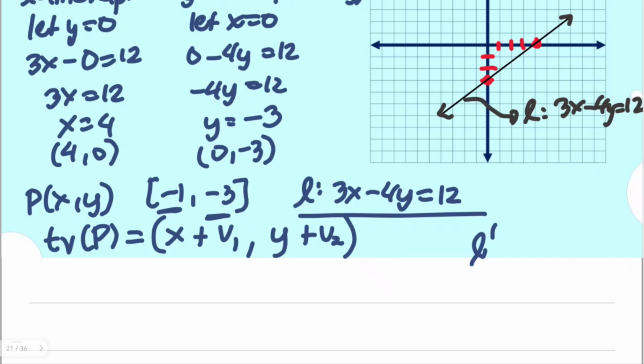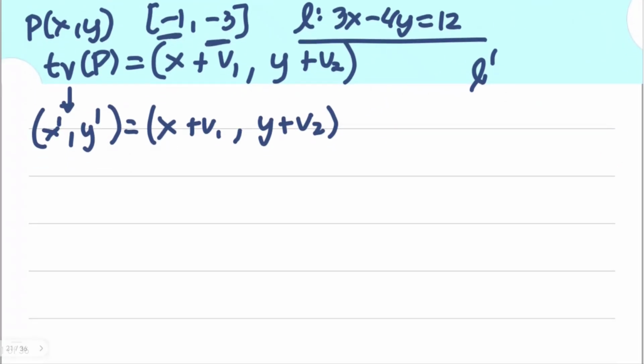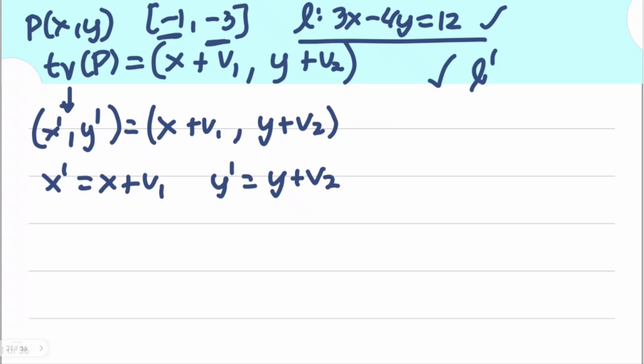So in this case, if this will be represented by x prime and y prime, which is equal to this notation, in a general aspect, since we are to generalize the line, because again, there are infinitely many points in the given line, and at the same time for our translated line, also true. So what we're going to do here is equate the components: x prime equals x plus v sub 1, and we know that our v sub 1 is actually -1, so you have x plus -1.